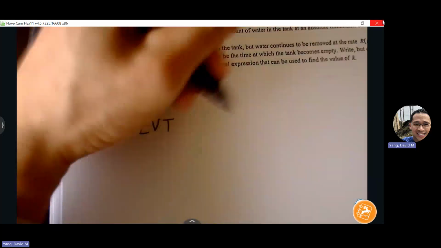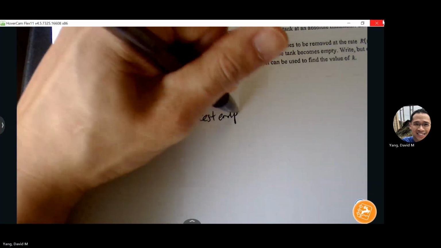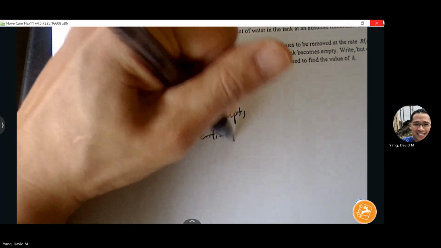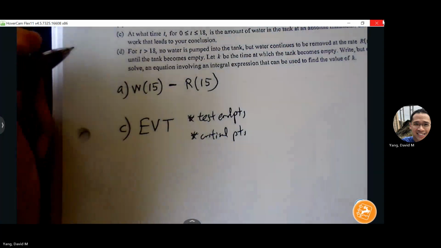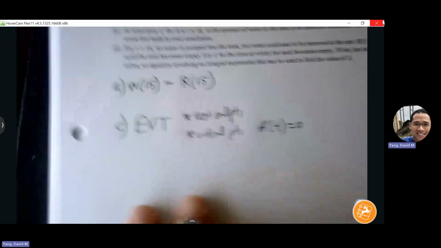We know we're going to test endpoints and critical points. And critical points is basically wherever our A prime of t is equal to 0, right?